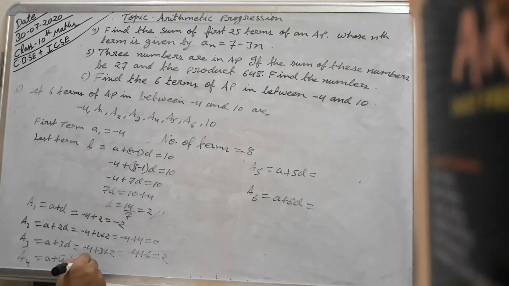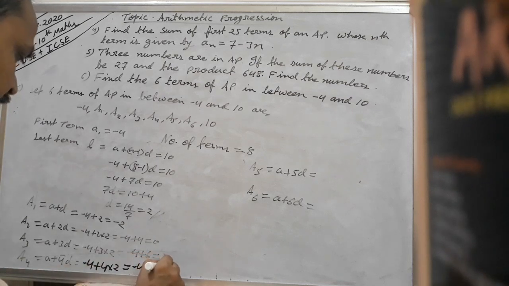Then again minus 4 plus 4D, 4 into 2, that is minus 4 plus 8. You will get plus 4.